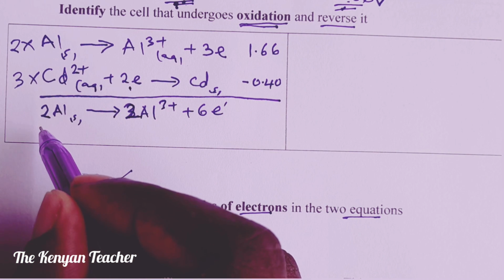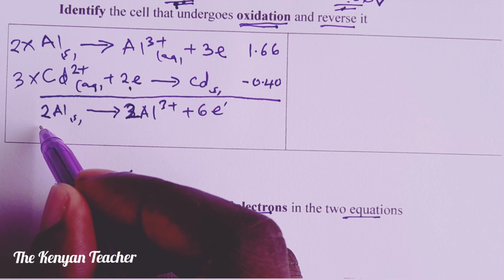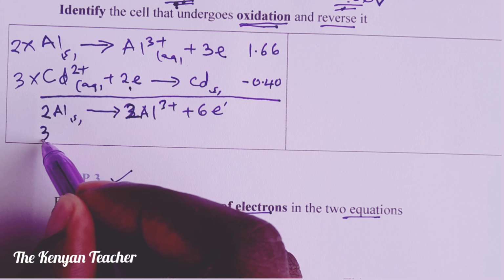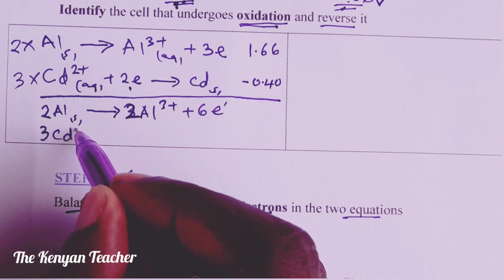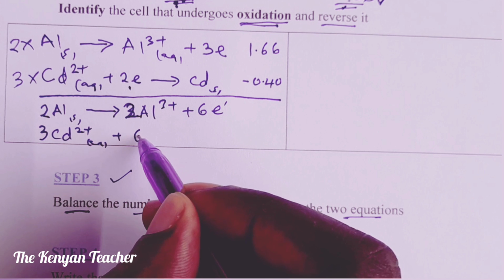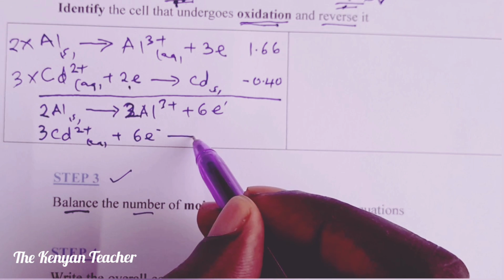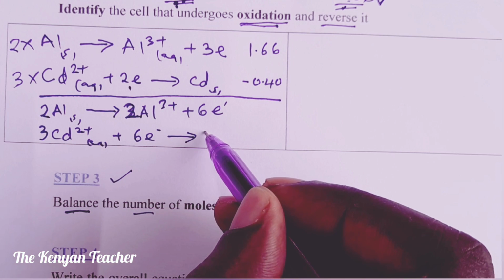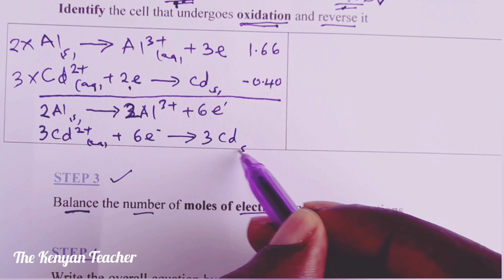Then for my cell 2, having multiplied it by 3, I will now have 3 moles of cadmium ions, accepting a total of 6 moles of electrons to give 3 moles of cadmium.